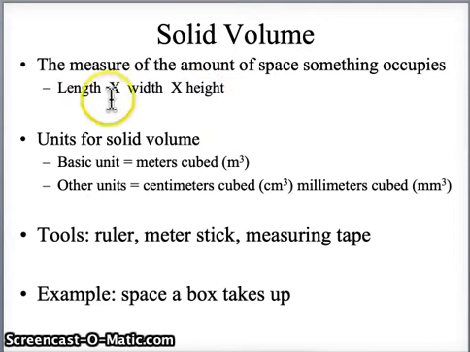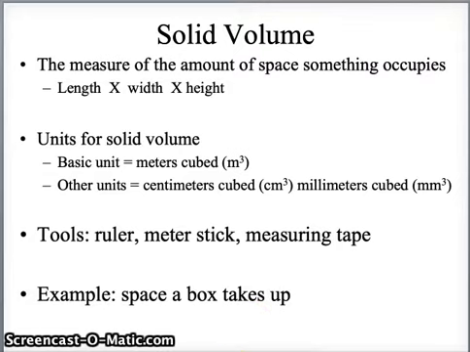So we have meters times meters times meters, and we end up with the basic unit of meters cubed, meters to the third. Some other units that you will use: centimeters cubed or millimeters cubed. Again, the tools are the same: ruler, meter stick, measuring tape. An example of solid volume is how much space a box is going to take up in an area.